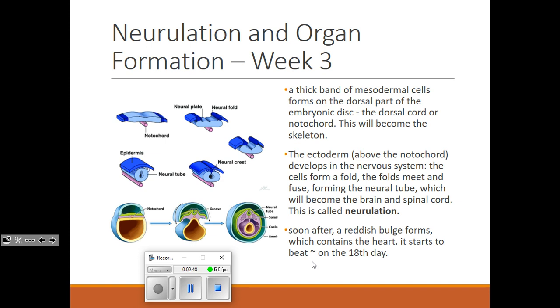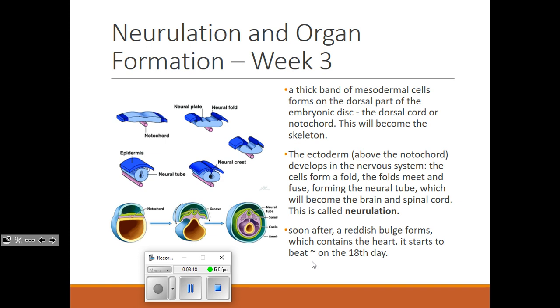The ectoderm, which is the blue part here, is above the nodal cord. It is going to develop into the nervous system and the skin, but the nervous system. This layer of ectoderm starts to fold in on itself. You'll see there are 2 different colors there. The cells are not 2 different colors in real life. That's just how the picture is. But essentially, we take those outer 2 pieces of it and pull them together at the top.